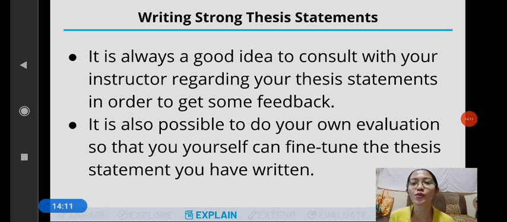Okay, it is also possible to do your own evaluation so that you yourself can fine-tune the thesis statement you have written. Now, as writers, students, we prepare our draft before finalizing it or before passing it, okay? So we have a chance to review our work before finalizing it, okay?